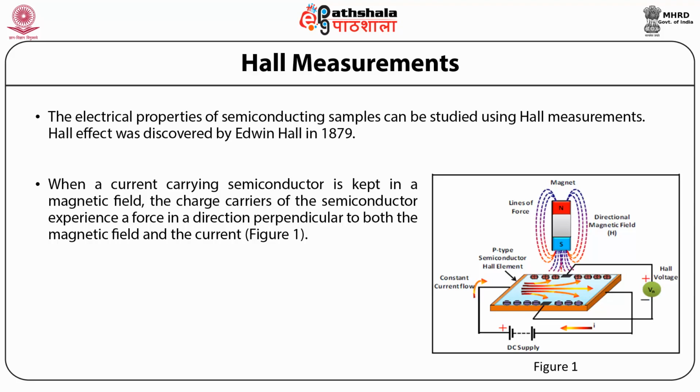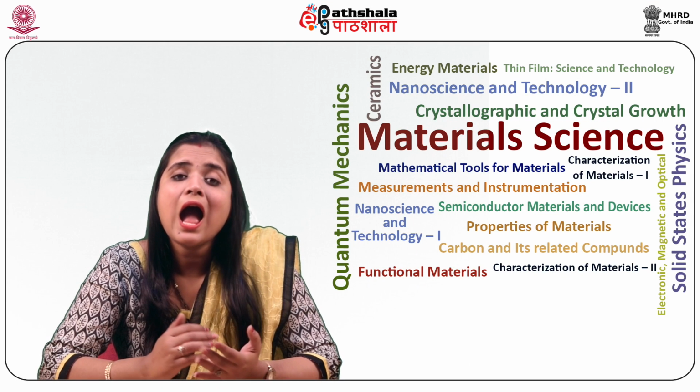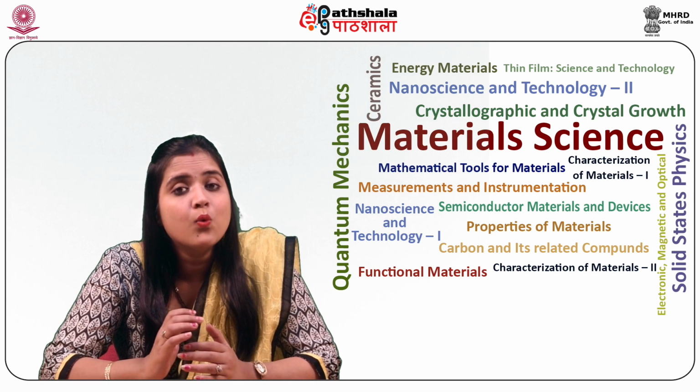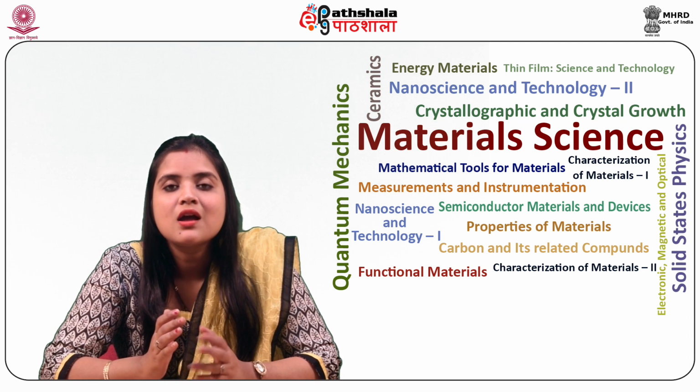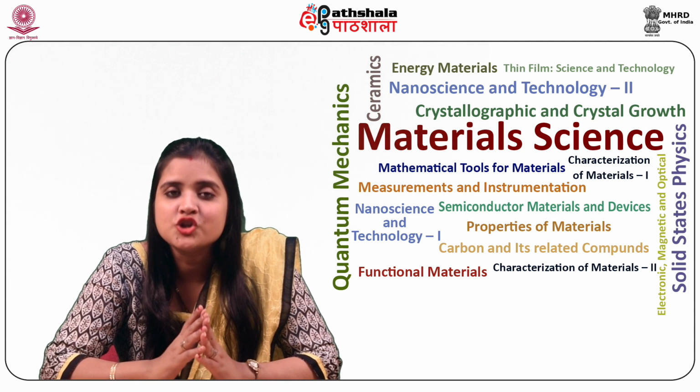When a current-carrying semiconductor is kept in a magnetic field, the charge carriers of the semiconductor experience a force in a direction which is perpendicular to both the magnetic field and the current, as shown in figure 1. At equilibrium, a voltage appears at the semiconductor edges.